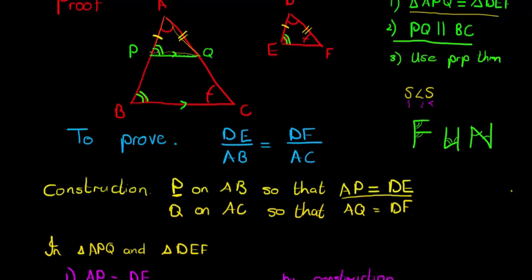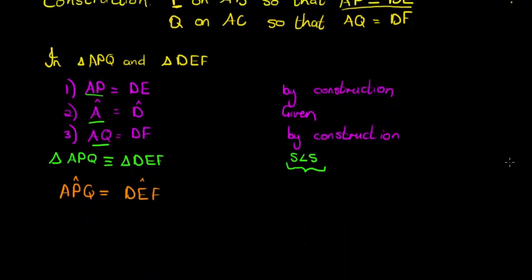Why is APQ equal to DEF? Why is this angle now all of a sudden equal to that angle? They're congruent. Well done. So if I make a statement, I give a reason from congruence.